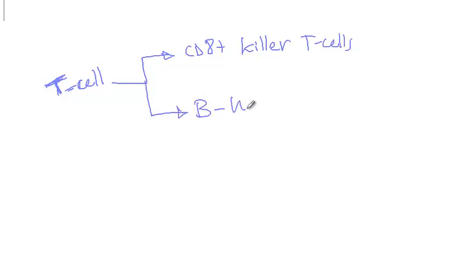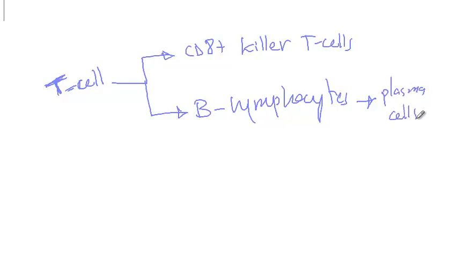So this T cell will activate CD8 positive killer T cells, and it will also activate B lymphocytes, which will turn into plasma cells, and plasma cells will produce antibody.